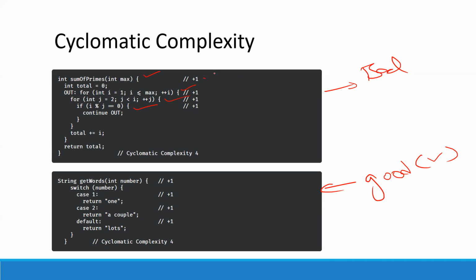Every time you open a loop or a function, you increment by 1. In this case, the cyclomatic complexity is 4. But look at this. Here a condition opened. Here a condition opened. Here a condition opened. Here a condition opened. Cyclomatic complexity is 4.